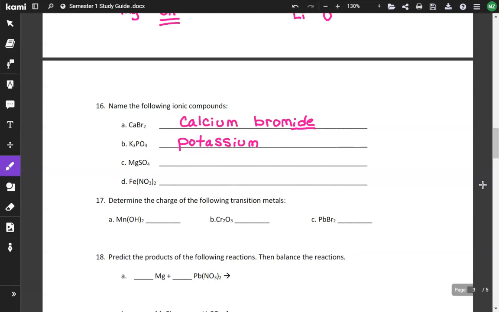PO4, I'd have to look that up on my table of polyatomics, that is phosphate. All right, next we have magnesium. SO4 is sulfate.